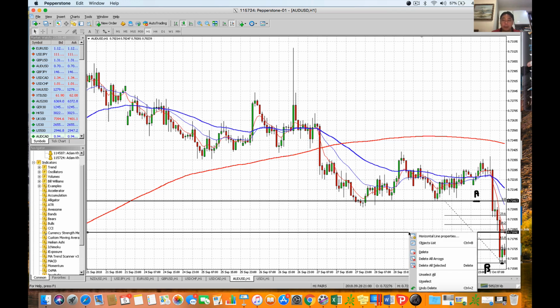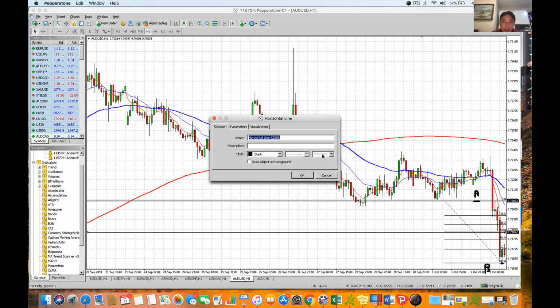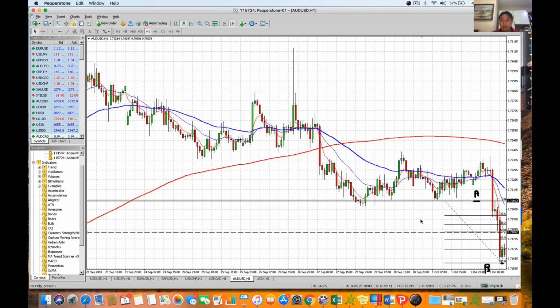Let me turn this into a dotted line. So this 7184 would be our potential retracement. We're going to place a sell order at 7184. But remember, we need to make sure that the retracement is at least 2 ATR.